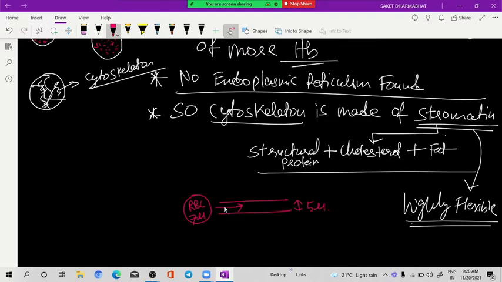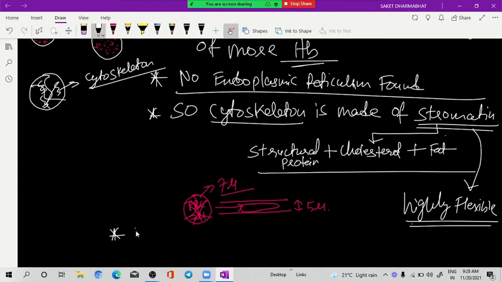Understood? The RBC bends like this because of its flexible cytoskeleton and can enter. Okay, RBC size is 7 micron. Clear up to here?